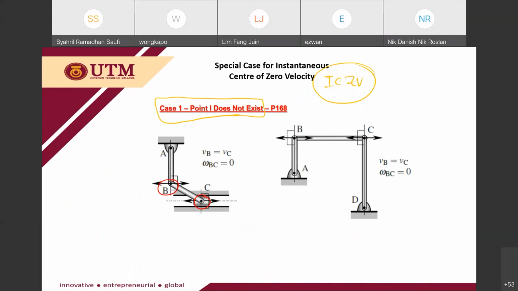So for this case, at this instant, VB is equal to VC and omega BC is equal to 0. So VB equal to VC is like a rectilinear translation. For this case, your instantaneous center of zero velocity does not exist, because VB and VC are parallel. If you draw a perpendicular line for each velocity, you will not get an intersection point.